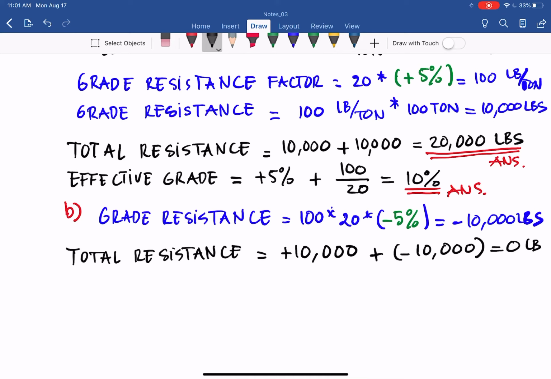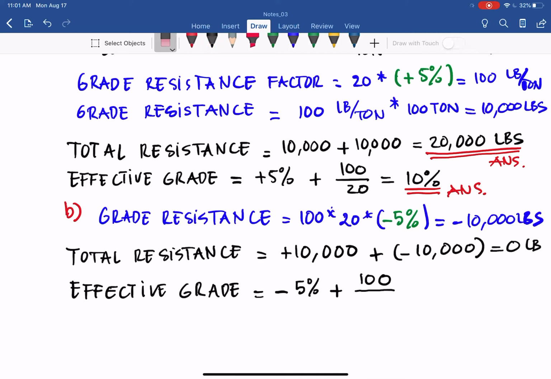From that, you can guess what the effective grade should be in this case. The effective grade is equal to the geometrical slope of the surface, negative 5% going down, plus the rolling resistance factor, 100 pounds per ton, divided by 20.